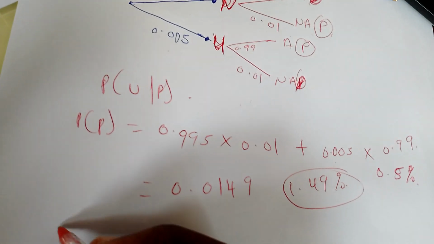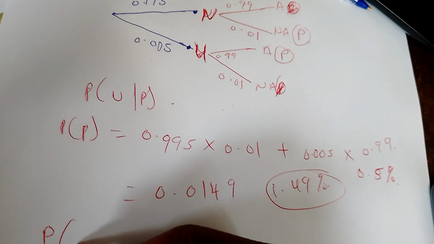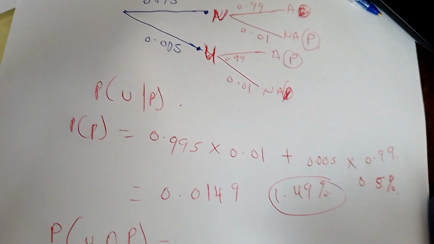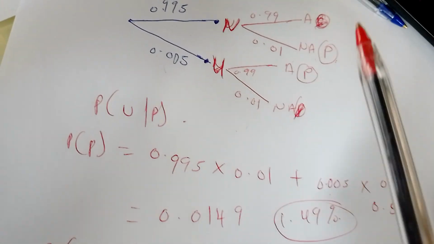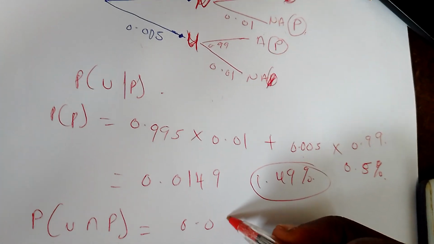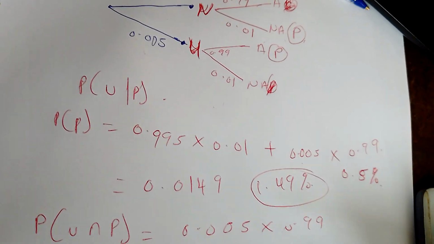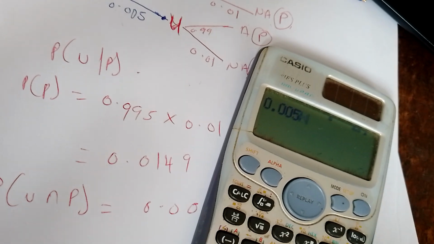Now let's see the probability that someone is a user and they are testing positive. So what's this? This is the user testing positive. That's 0.005 times 0.99.